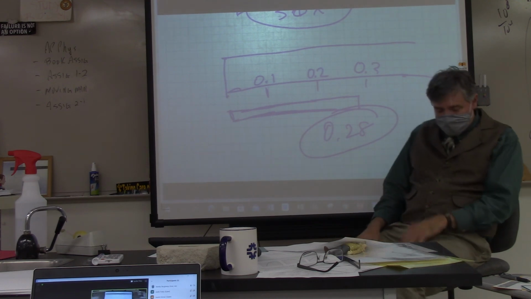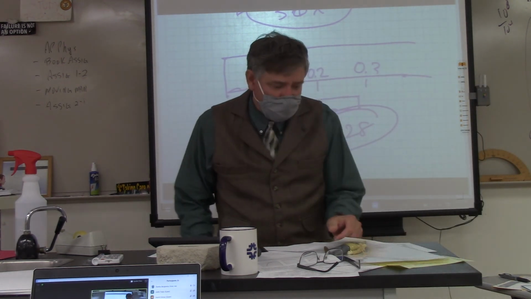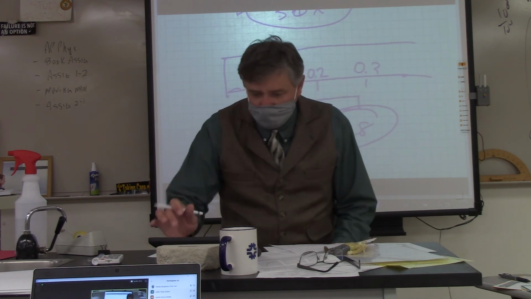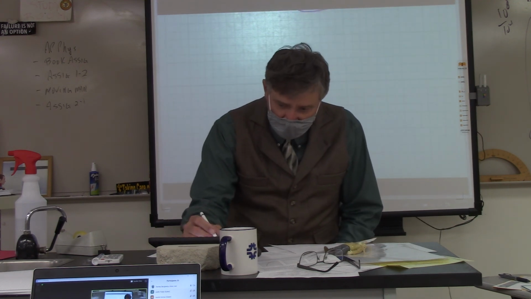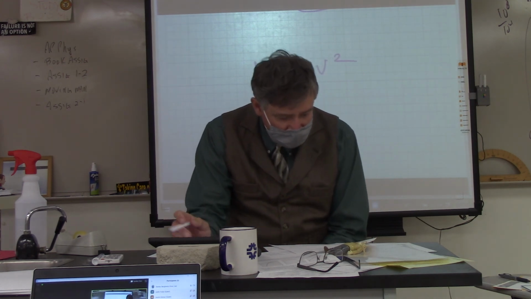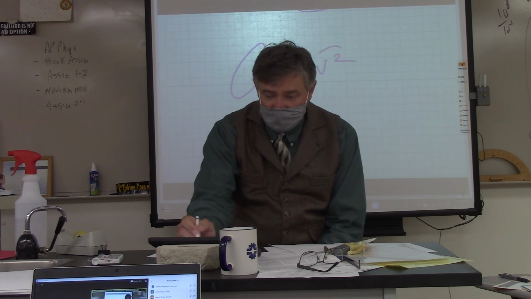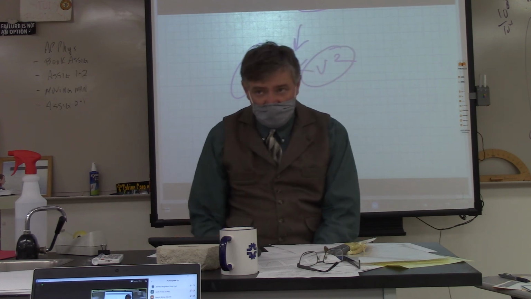Now, when you get to question number 4, okay, you've got x equals kv squared. So this is the stopping distance here. Here's your velocity. This is the value of k.